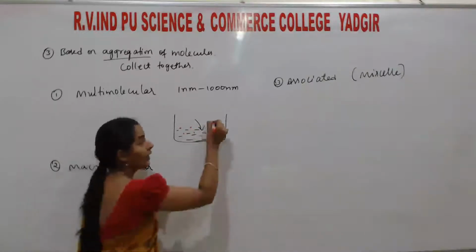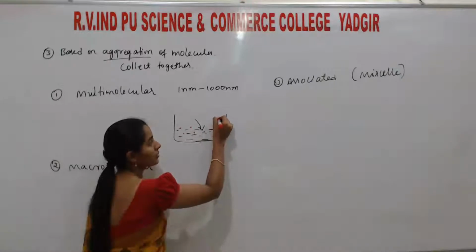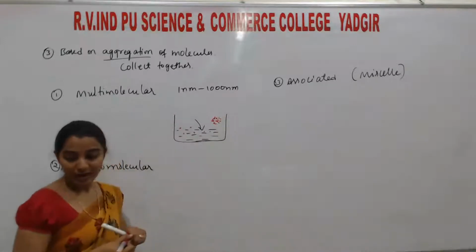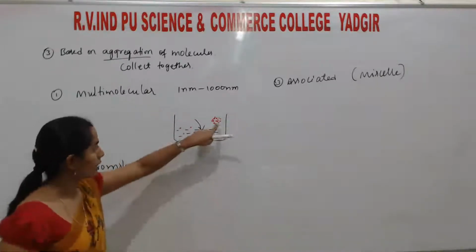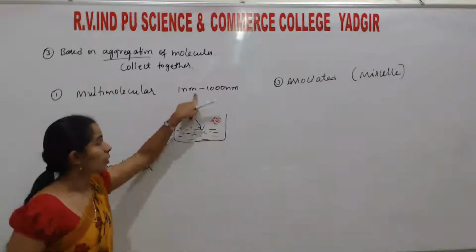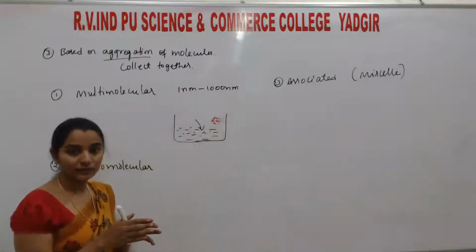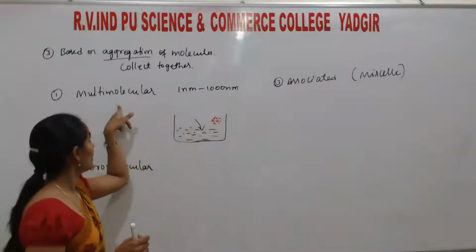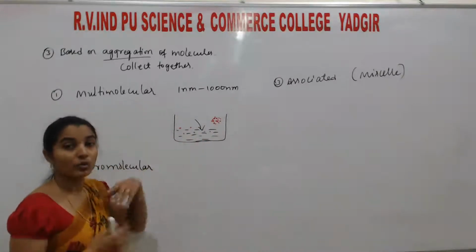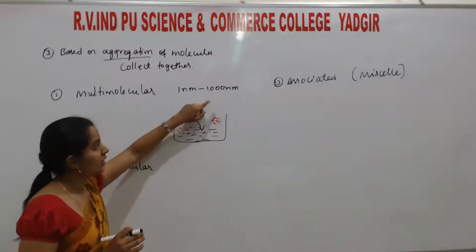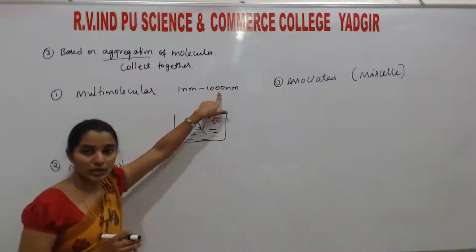The size of that is less than 1 nanometer. They form a true solution or crystalline. Understand? We want a colloidal solution in the size range between 1 nanometer and 1000 nanometer. Okay, they collect together, associate together, aggregate together to form a molecule or colloidal particle of size between 1 nanometer and 1000 nanometer. They collect with each other layer by layer, many molecules collected together to form a size between 1 nanometer and 1000 nanometer.